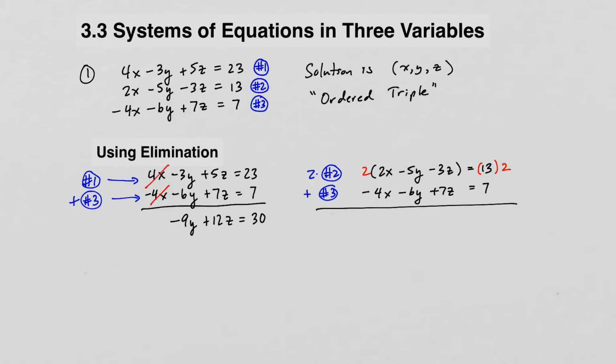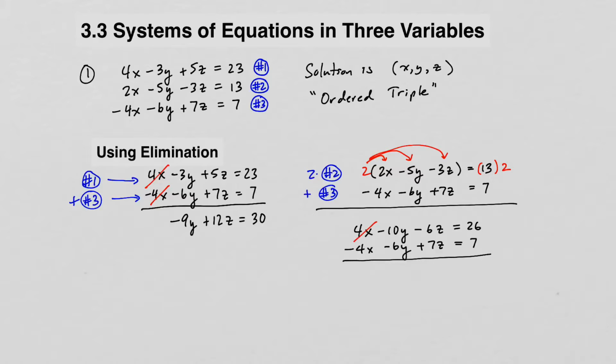We need to go ahead and multiply that second equation by 2, so we need to distribute here. When we do that, that gives us 4x minus 10y minus 6z equals 26. And then equation number 3 remains unchanged. And these are the equations we add together.